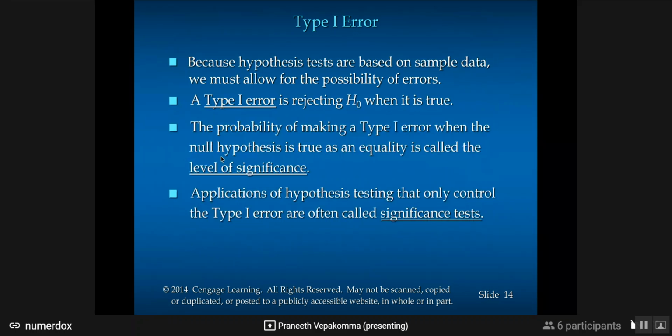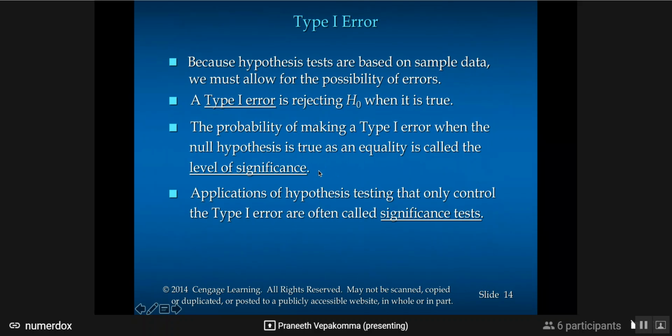Type 1 error, type 2 error. Very important, right? Type 1 error is rejecting H0 when it is true. So that's a false decision you're taking. If your hypothesis test calculations are not good enough and your way of doing the test is wrong, then you'll be making type 1 errors as one possibility. The probability of making a type 1 error when the null hypothesis is true as an equality is called the level of significance.